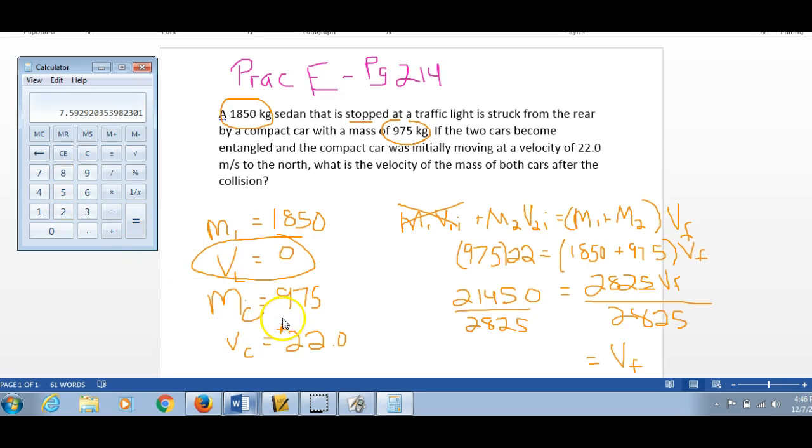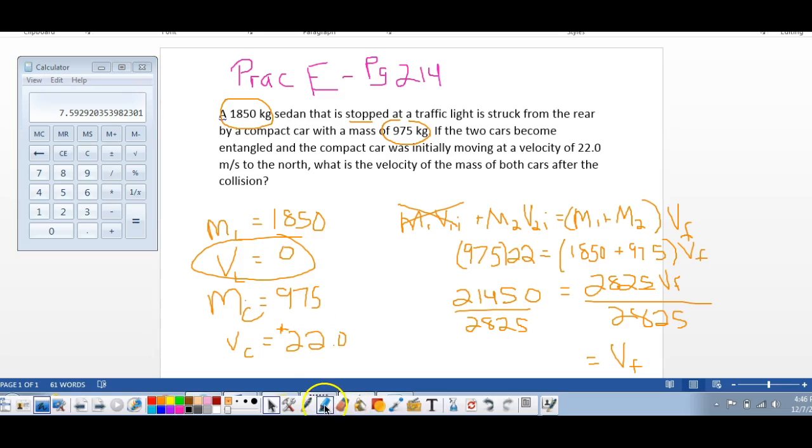That's 7.6. Significant figures, 3, 3, 3, so we'll go 7.60 meters per second. That's our answer.